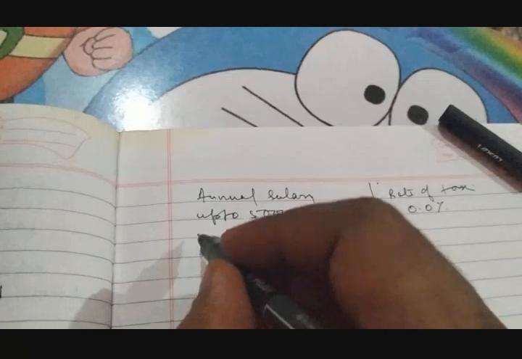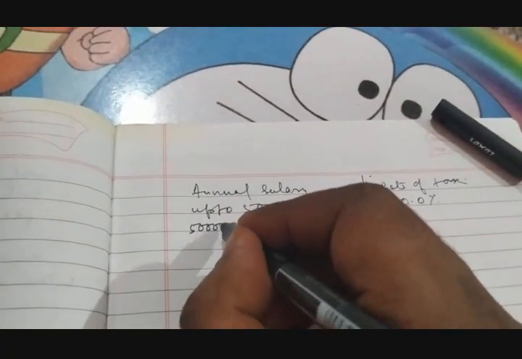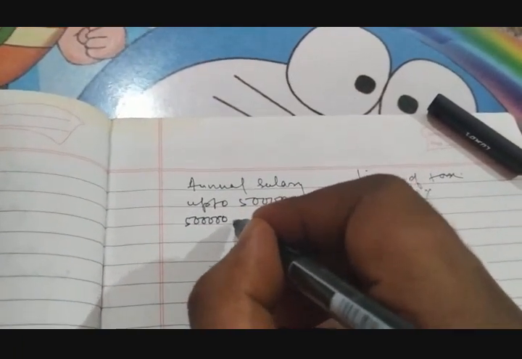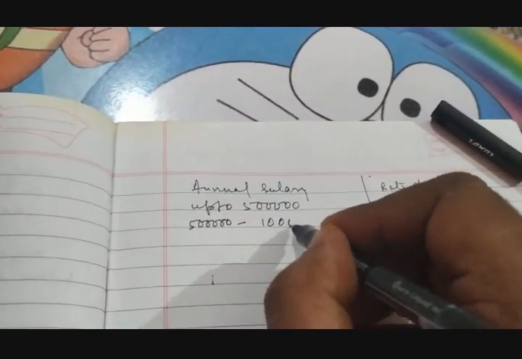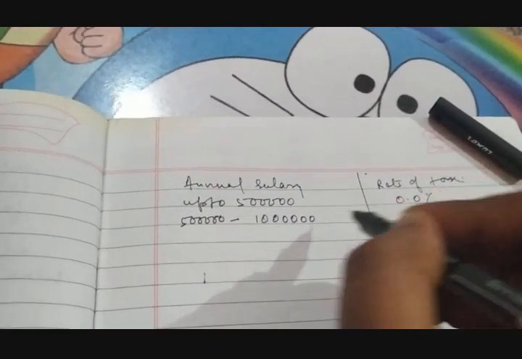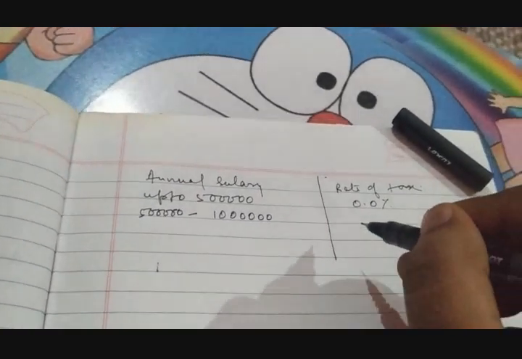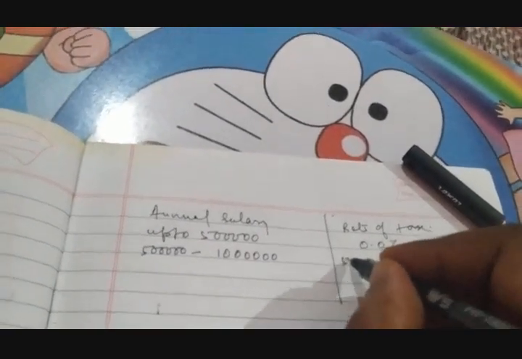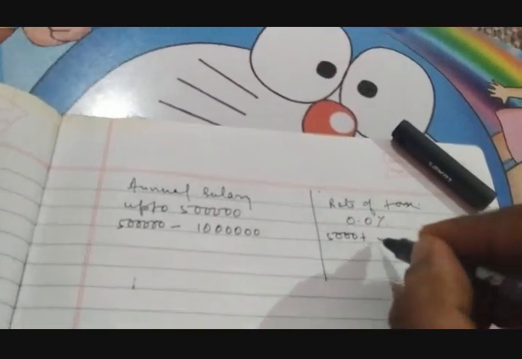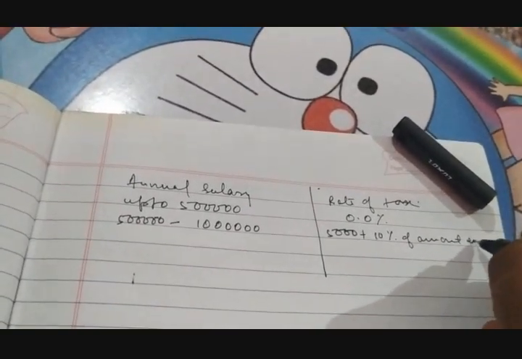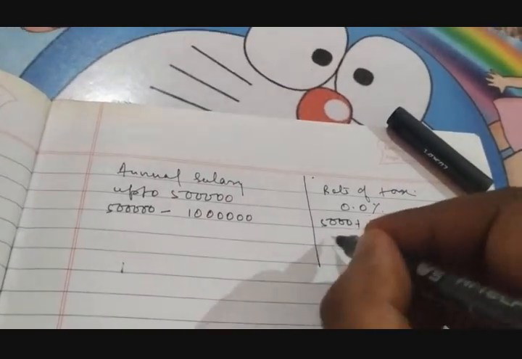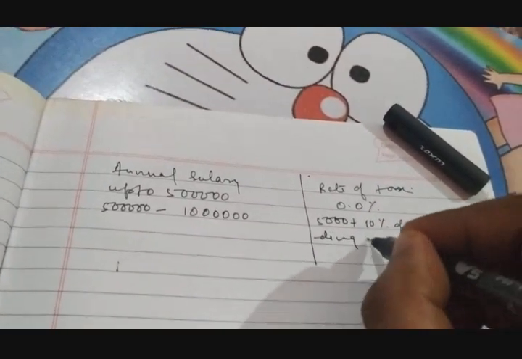Now 5 lakh to 10 lakh, it is 5,000 plus 10% of amount exceeding 5 lakh.